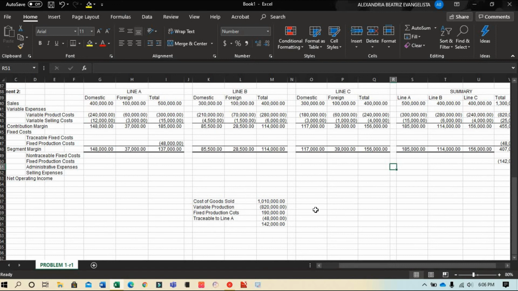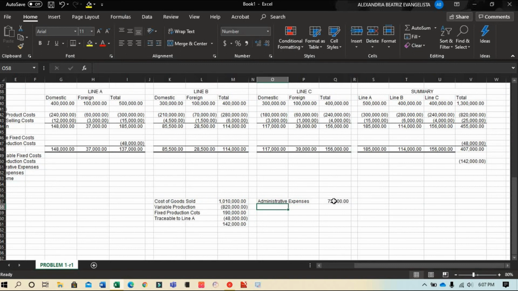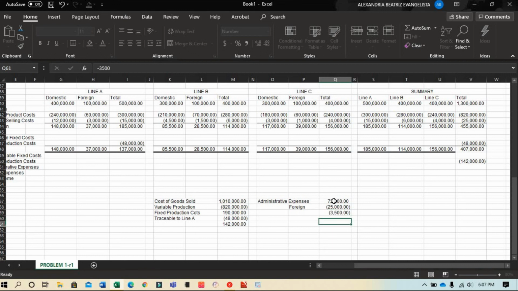And then for the administrative expenses, in the problem it is stated that $25,000 is for the foreign, and the 35,000 is for the domestic.